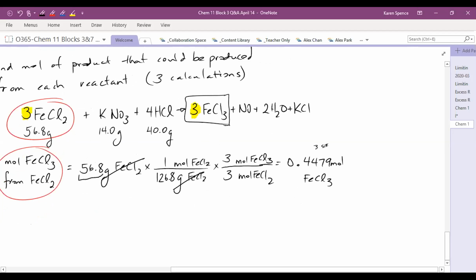Okay. We have a second reactant here. We want to find the moles of FeCl3, choosing the same product as before, but in this case, it's going to be from the KNO3.